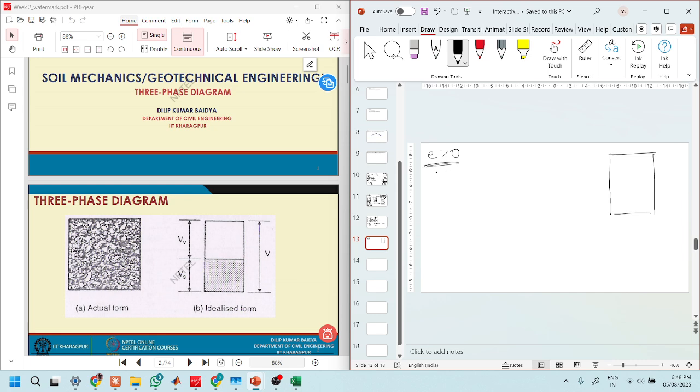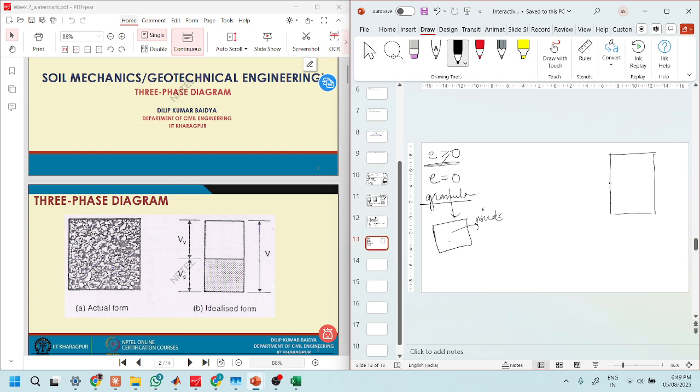Because when voids are equal to zero, your material, which is a particulate, granular material, will stop being granular and convert to a solid. By virtue of this property, you define a particular material by the definition that it has to have voids.